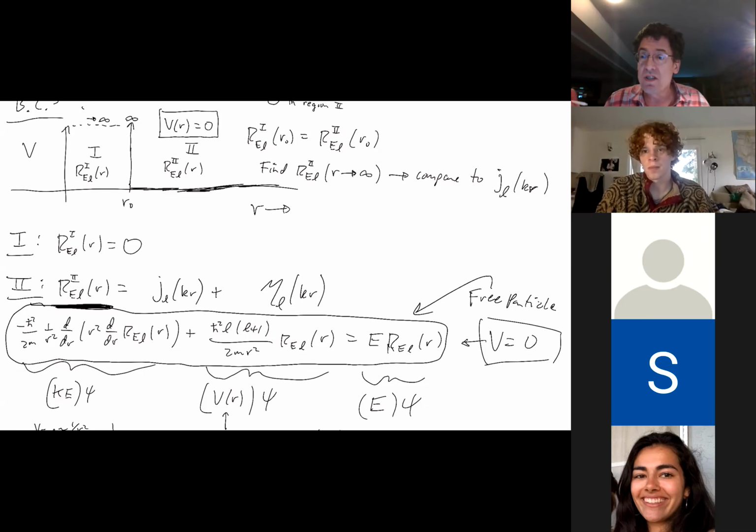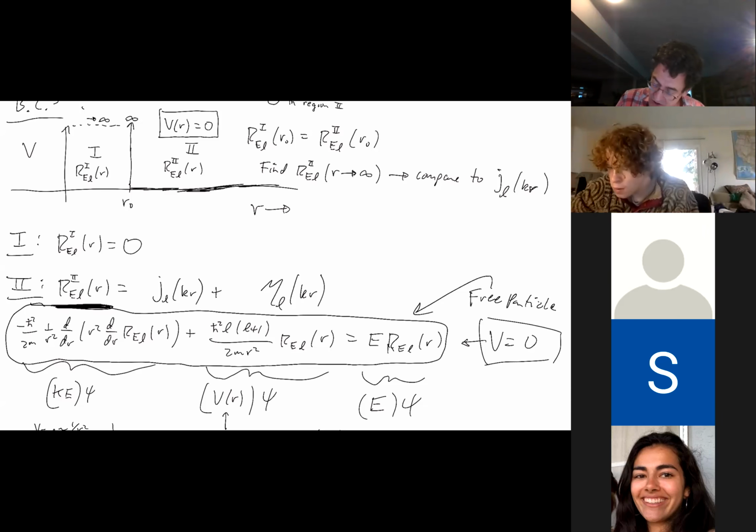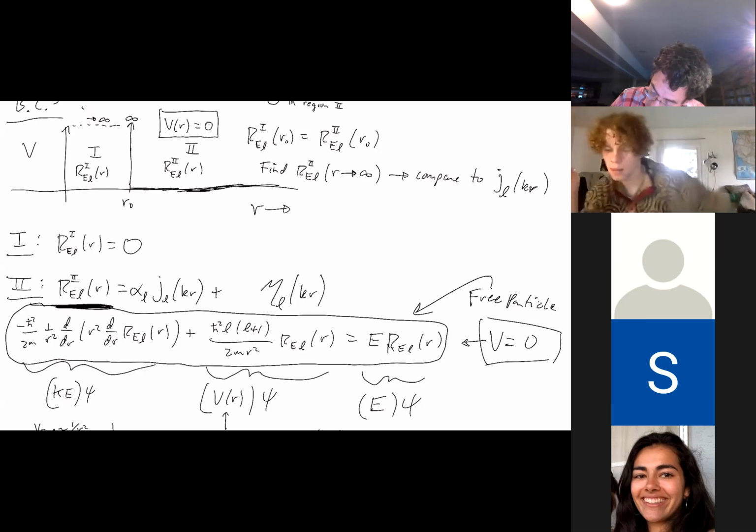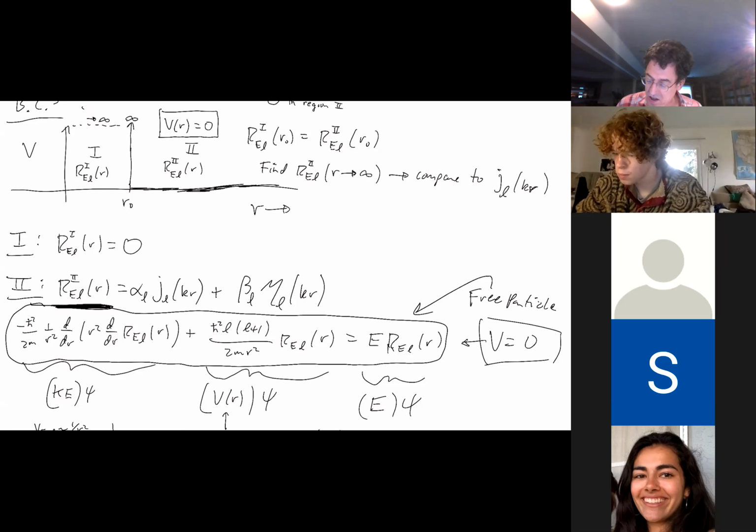But now our region does not include the origin, so we have to keep it. Perfect. So for the wave function, we have these two components, and I have to put some coefficient between them to make it general. And so that is our wave function.